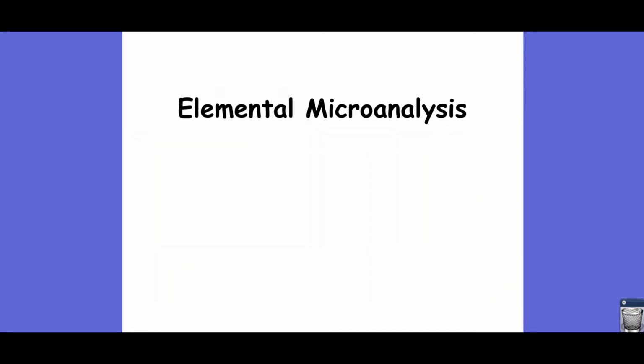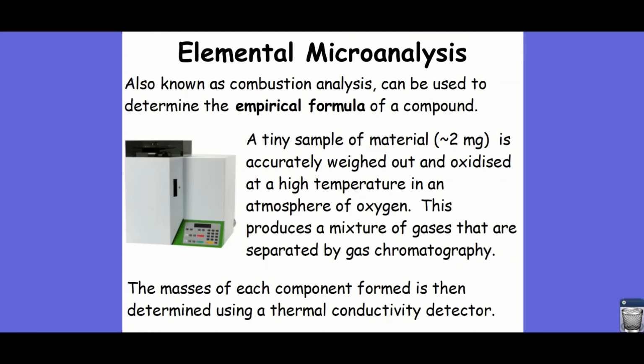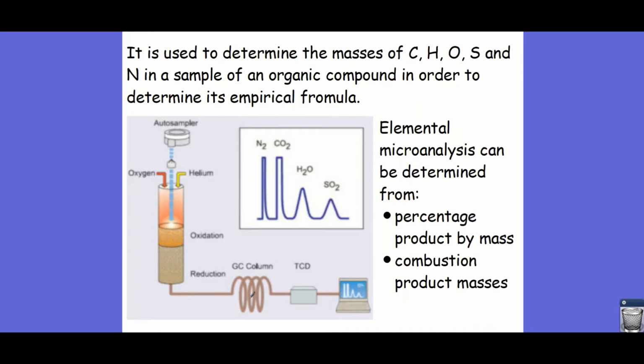So the first method we're going to look at is elemental microanalysis, which involves a sample of your organic molecule, a very small sample, approximately 2 milligrams worth, and it goes into this machine here, and it undergoes a combustion reaction, and it produces oxides, so gases of the elements that are present in your original sample, and they get passed through a gas chromatography column, which if we look on this slide is this bit here, this coil.